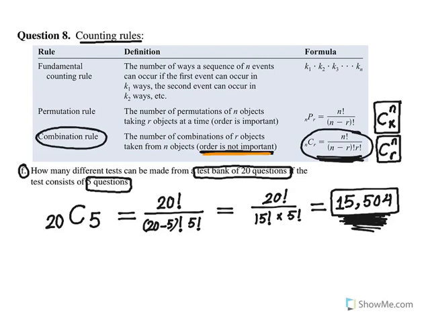The question itself explains to you if the order is important or not. If you find that the order is important, then you must use the formula for permutations. But in this case, the order is not important, and that's why we use this formula for combinations. So we use the combination rule, which is this one here. And this ends this question.